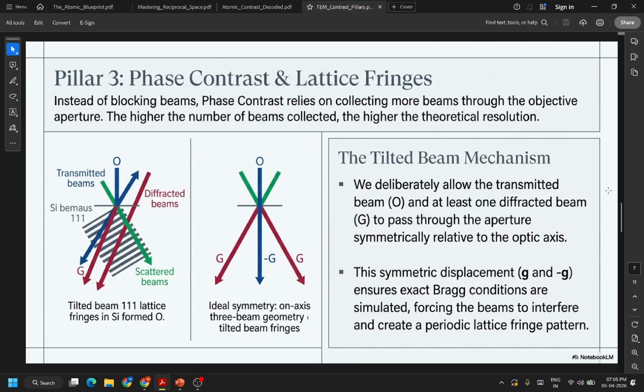Next is phase contrast in lattice fringes. Instead of blocking beams, phase contrast relies on collecting more beams through the objective aperture. The higher the number of beams collected, the higher the theoretical resolution.